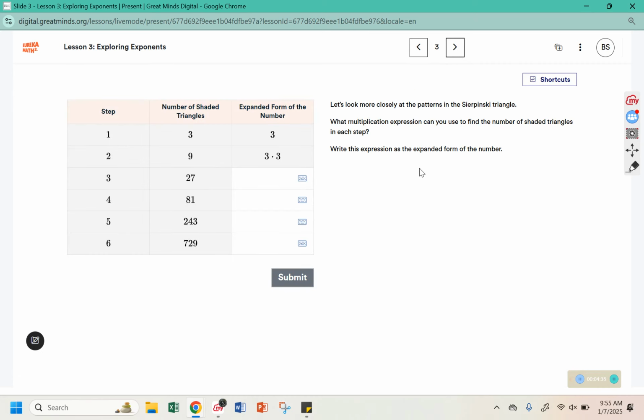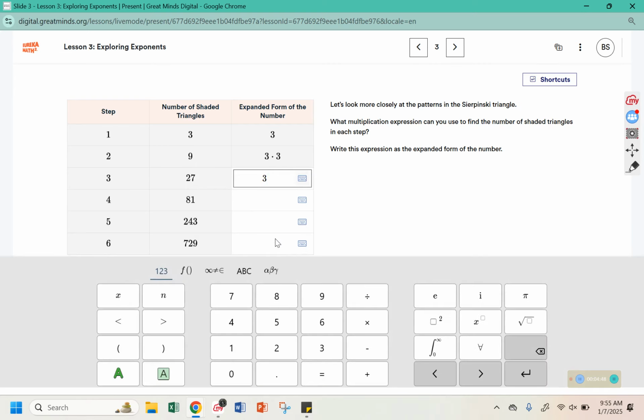Let's look more closely at the pattern in the Sierpinski triangle. What multiplication expression can you use to find the number of shaded triangles in each step? Write this expression in expanded form. So this would be 3 times 3 times 3.